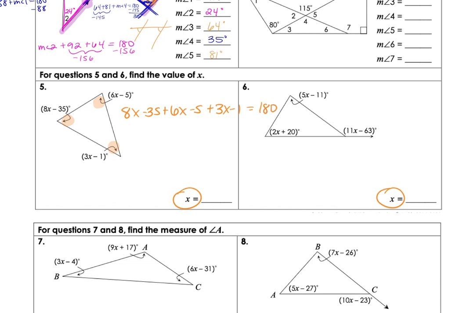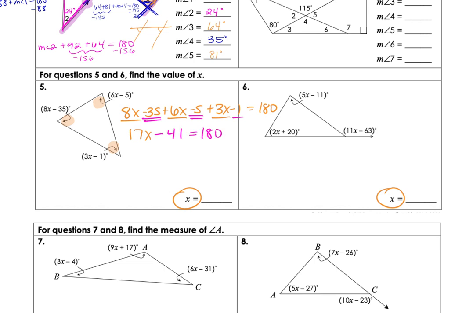Okay, so add the 3 together, set it equal to 180. 8x plus 6x plus 3x. Please don't start doing the subtract or do the opposite stuff, right? You want to simplify your like terms first. So this is 17x. And then combine your constants. Negative 35 minus 5, so that's a negative 40, minus 1 is a negative 41, and that equals 180.